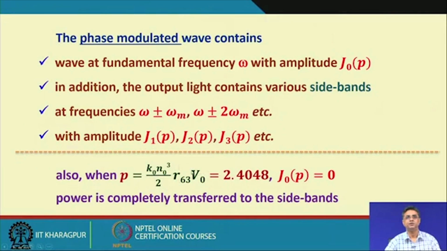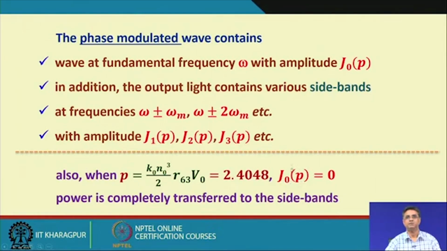Then this electro-optic coefficient is also known, and assuming a certain value of the peak voltage that is applied across the crystal, if p coincides with this value 2.4048, this number is very important and very useful, particularly in fiber optics where Bessel functions are there. So, this will give you the zero of the Bessel function J 0.